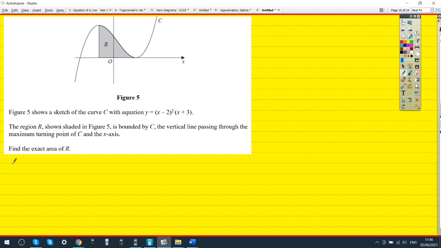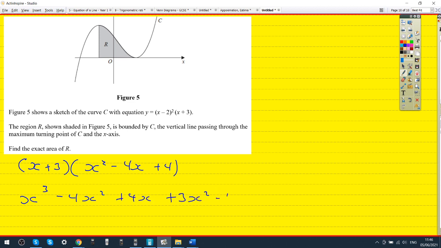Well, in the y equals. Yep, you'd fully expand those brackets. You'd get a cubic. So that's x plus 3 times x squared minus 4x plus 4. Let's see, x cubed minus 4x squared plus 4x plus 3x squared minus 12x plus 12. x cubed minus x squared minus 8x plus 12.